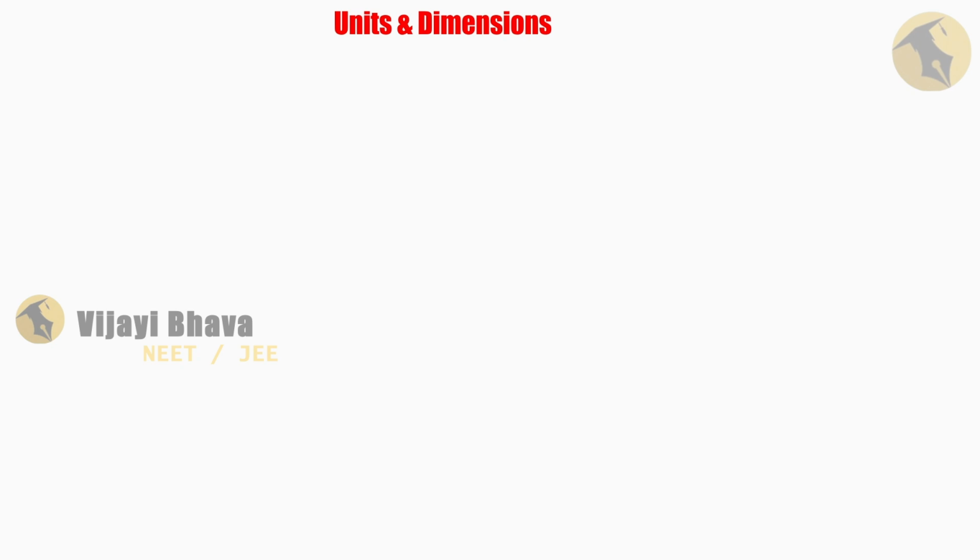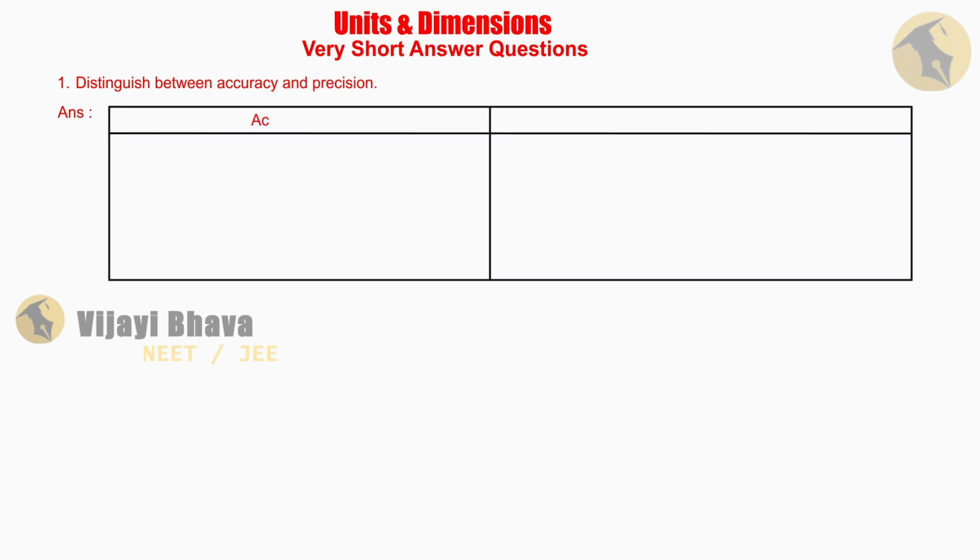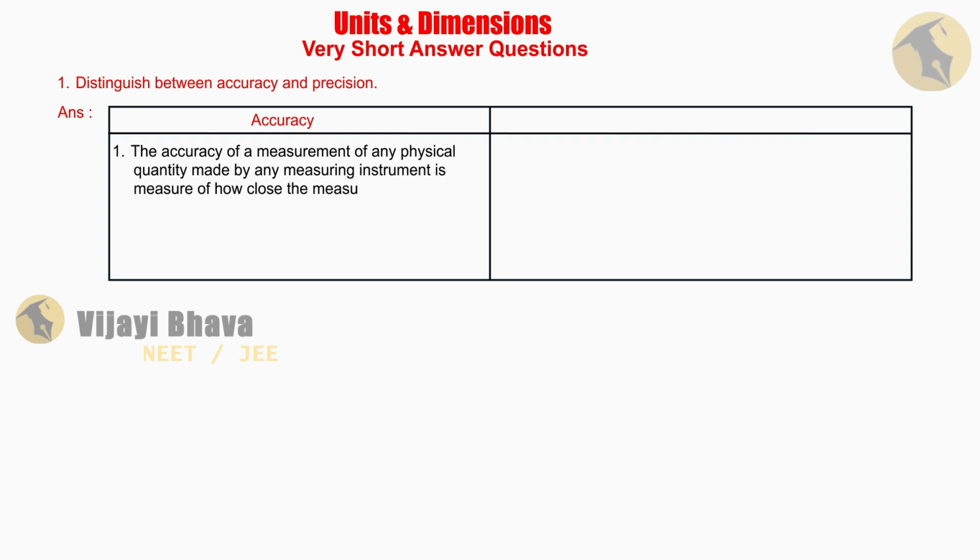Let us move on to the very short answers in units and measurement. The first question is, distinguish between accuracy and precision. The accuracy of a measurement of any physical quantity made by any measuring instrument is a measure of how close the measured value is to the true value of the quantity.